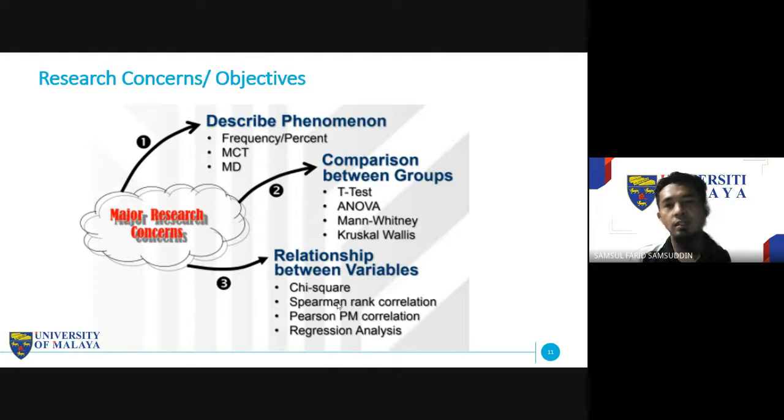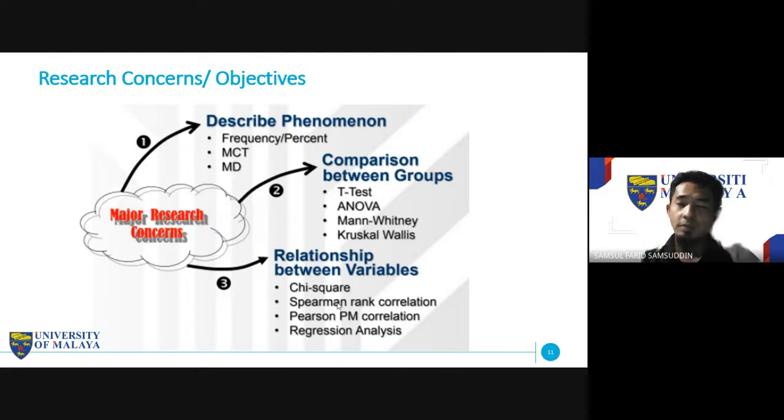So these three major research concerns sometimes will mix in one specific research study. Maybe you want to test for both comparison and relationship. So it can be in one study, but it depends on your problem statements.